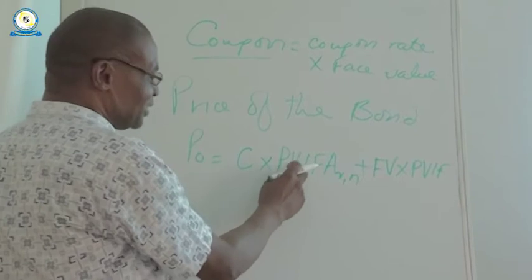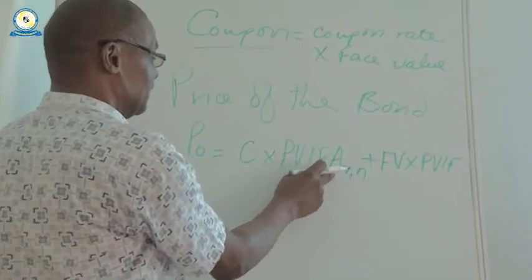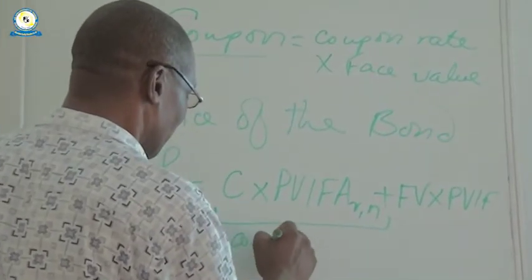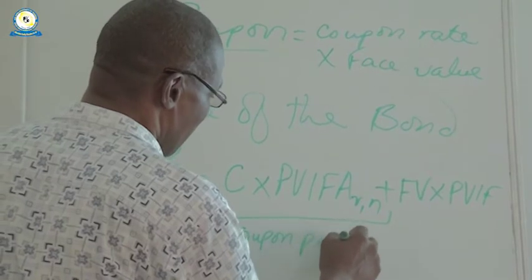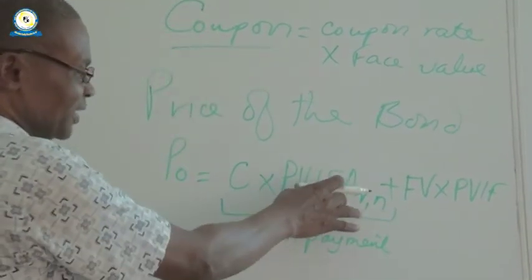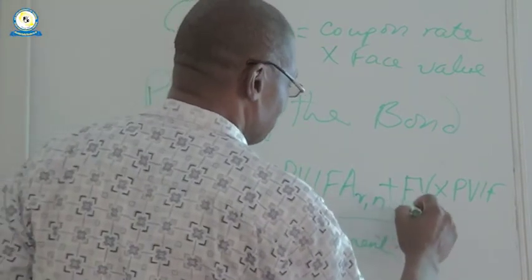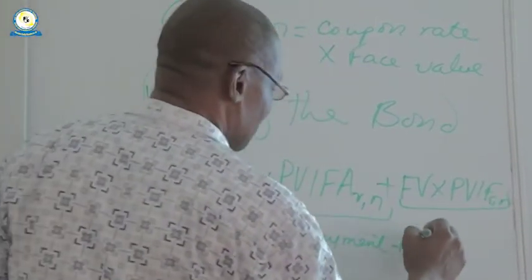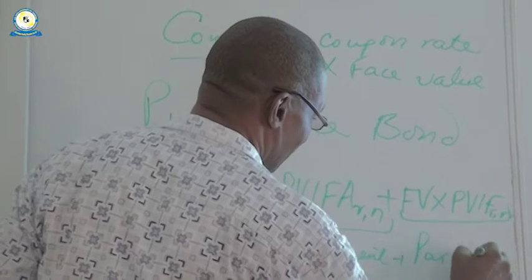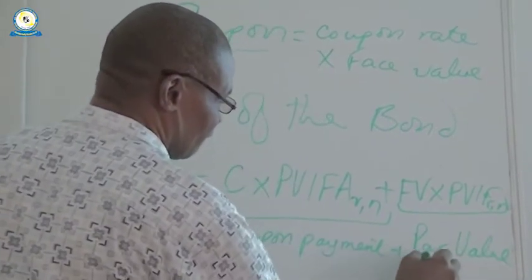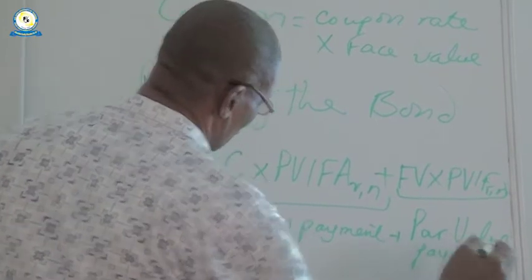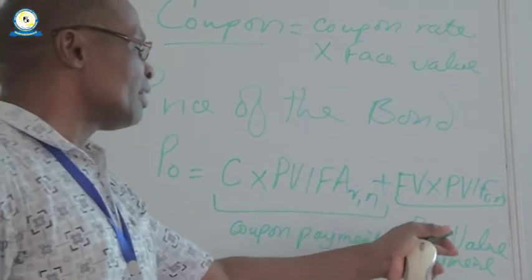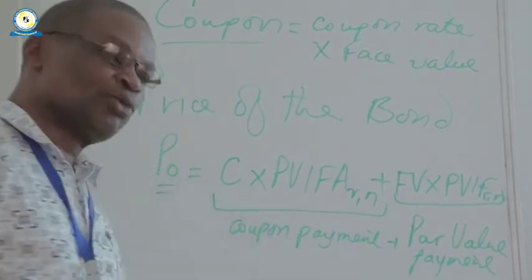Here we have the present value interest factor of annuity. We call this the coupon payment, which is already discounted, and we have this part here. We say par value payment. So when you discount the coupon and you add the discounted face value, you get the price of the bond.